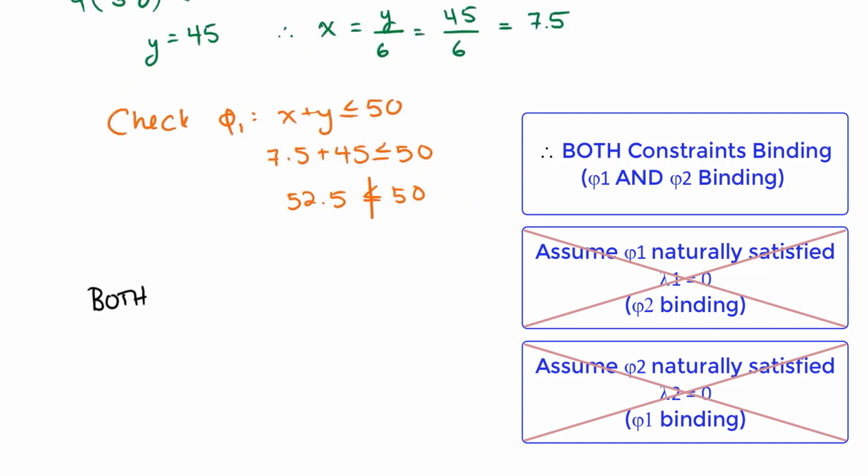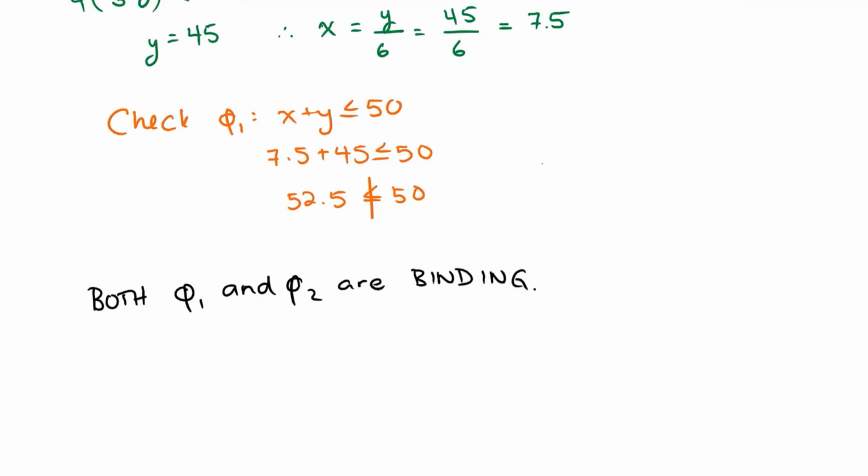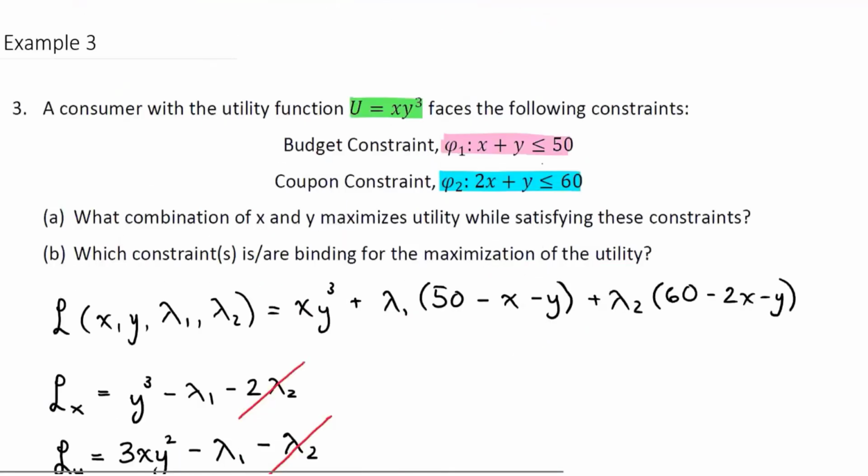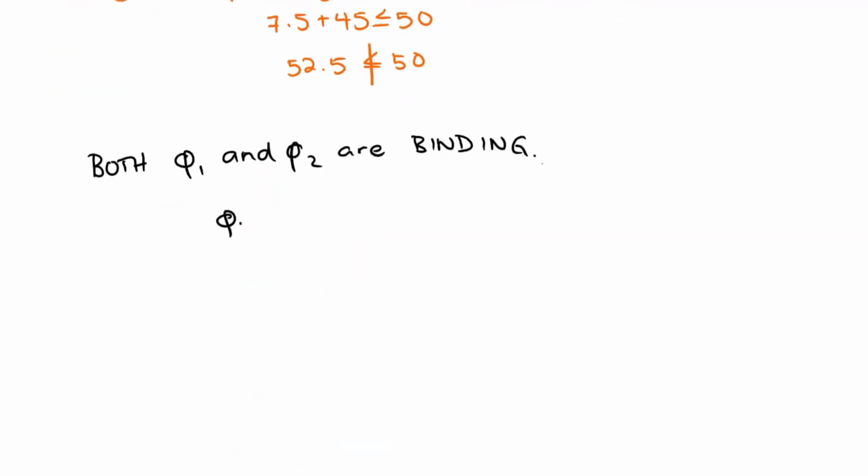So both constraint 1 and constraint 2 are binding. To solve for this, I focus on those constraints. I take both my constraint equations right here. Constraint 1, x plus y is less than or equal to 50.